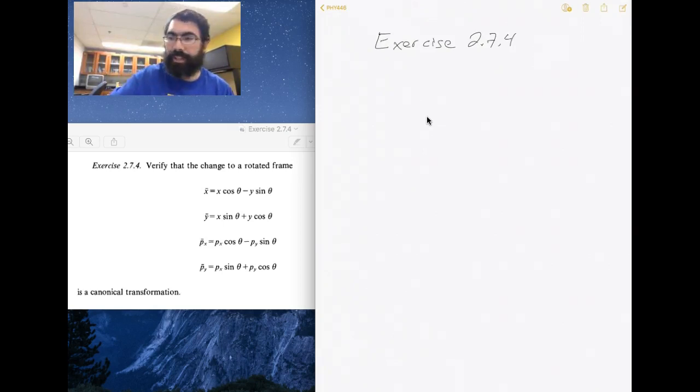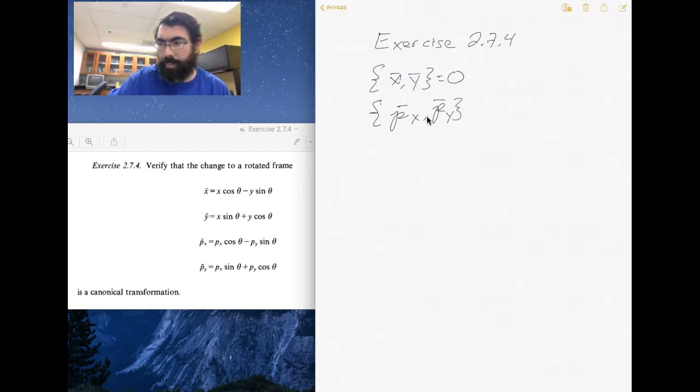So the conditions that we're going to test are the two coordinates, and those should be equal to 0. We can test the momentum components, and the Poisson bracket for those should also be equal to 0. And if we test the position with the momentum component of the position, that should be 1, because that's a Kronecker delta.